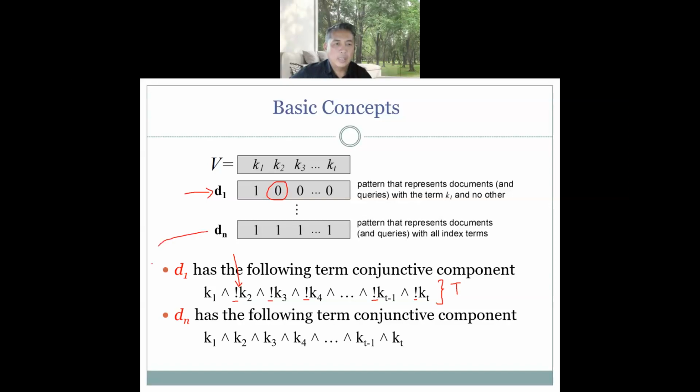And compared to Dn, you will have k1 and k2 and k3 up to kt. So this is how we use the Boolean model in order to represent a single document in your storage. We use the and, and this is called the term conjunctive component.